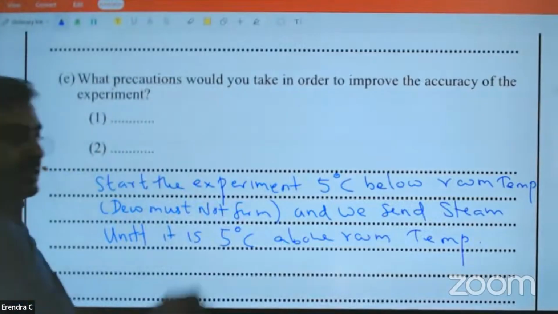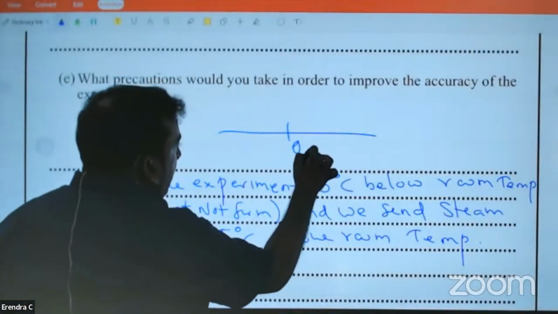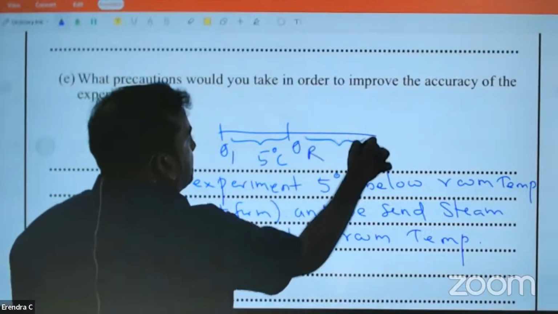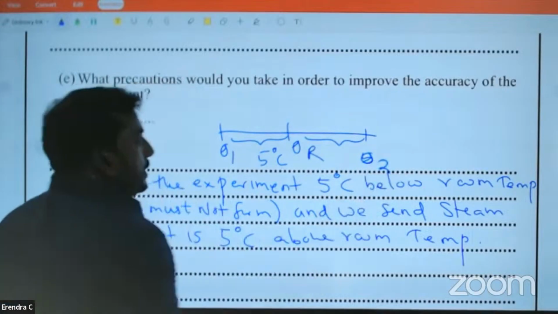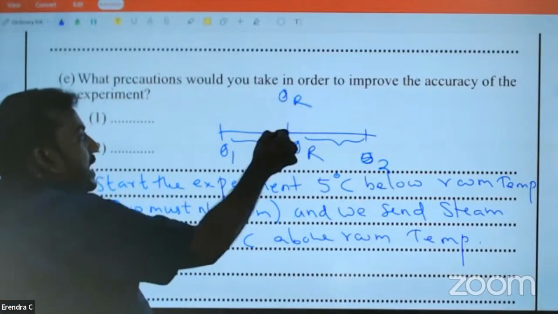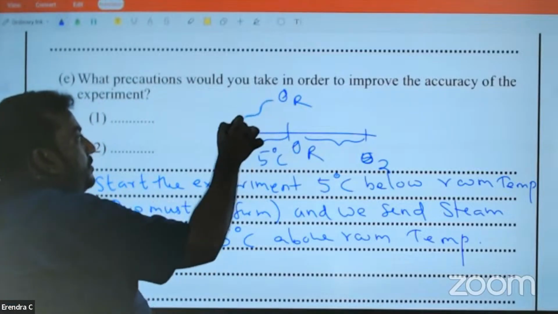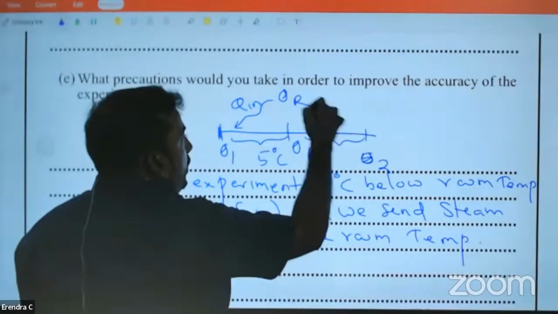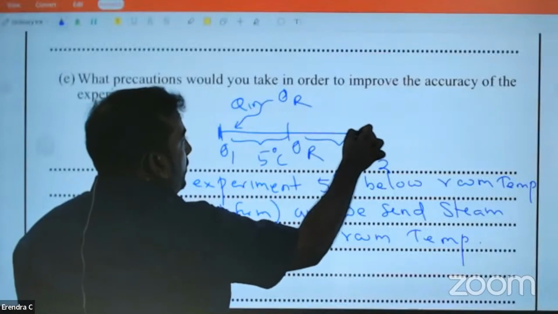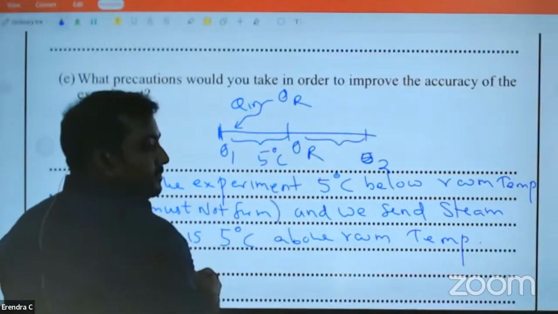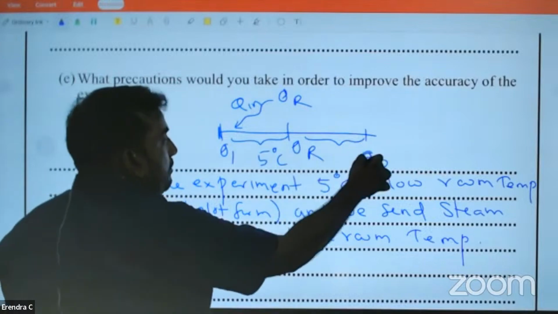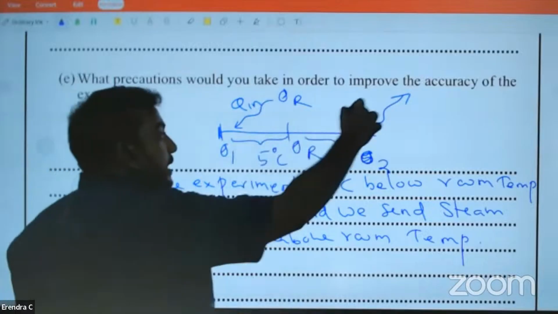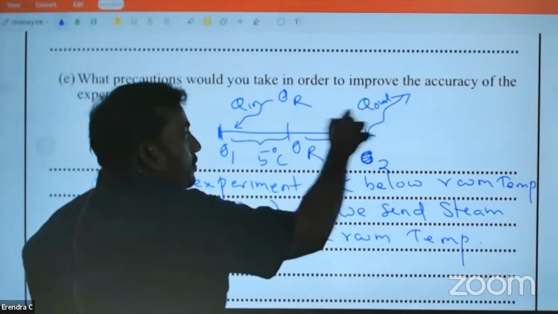Why are we starting 5 degrees below and finishing 5 degrees above? Simple. If you are starting below room temperature, heat will come in from the room. If it's above, heat will go out from the vessel to the room. Heat coming in and heat going out will cancel off.